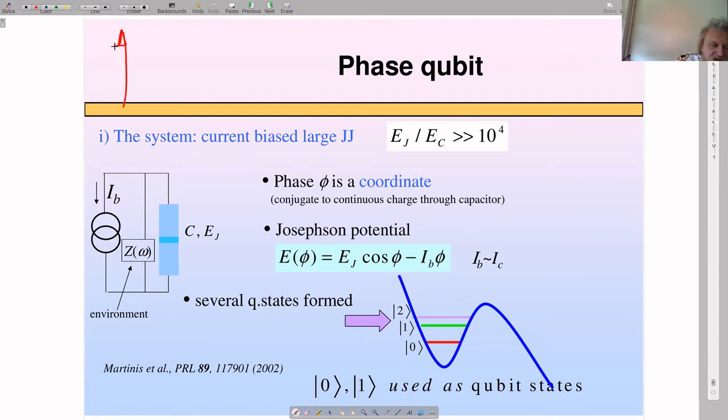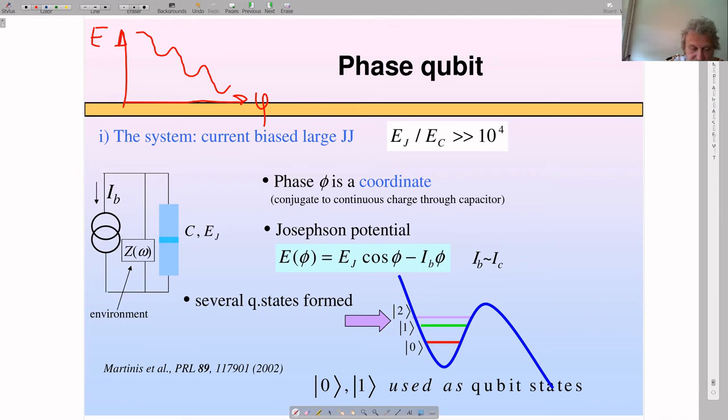So, energy versus phase. If current is applied to a junction, it looks like this. If the current is sufficiently big, there are no minima in this curve, it's just a smooth curve going down.